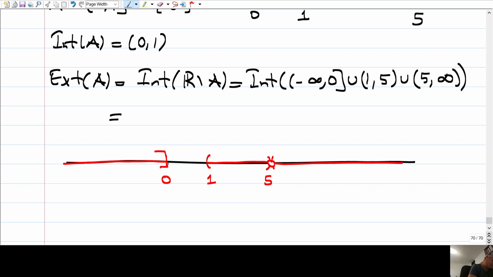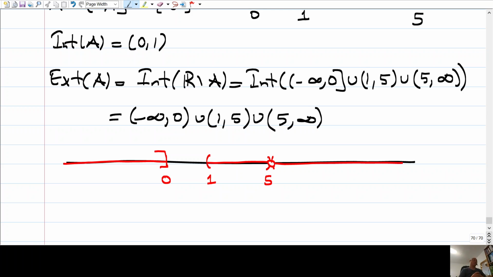Everything up to 0, excluding 0, right? In the interior. And then everything between 1 and 5. And everything after 5. Right?